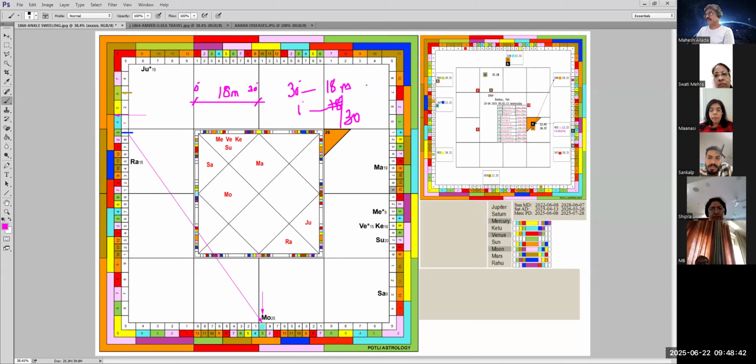In fact, instead of doing this, what you can do is 18 months divided by 9 pada. Just give me 1 minute. Sorry. I'll make it easier. See, 30 degrees, it spans 9 pada. That will be easier for you. So 1 pada is equal to how much? So 30 divided by 9.